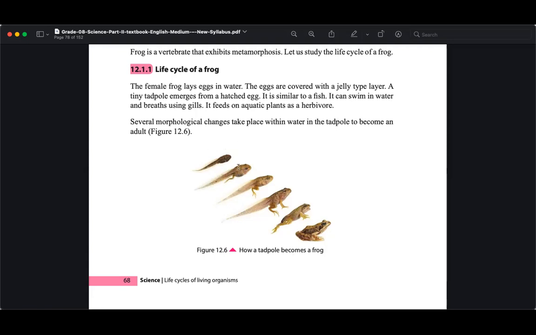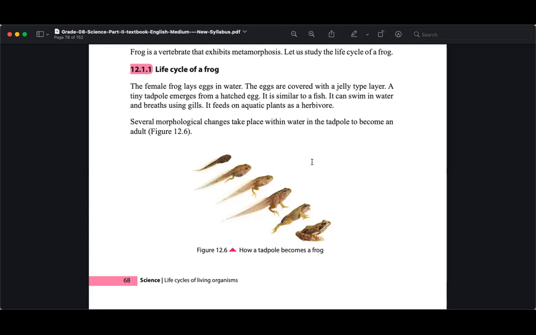After morphological changes, initially we cannot see legs, or there are very small legs, but they slowly develop. It takes some time, not 2-3 days like mosquitoes, which take only a few days. Frogs sometimes take weeks. The tail will disappear, and it will ultimately become a frog.